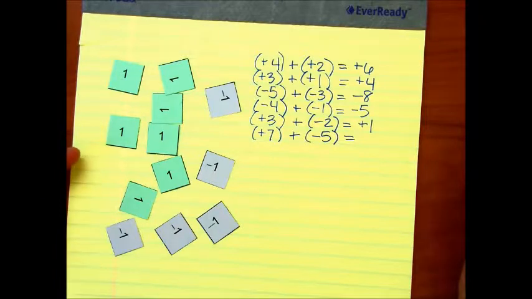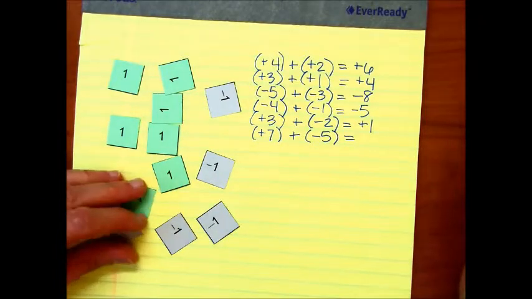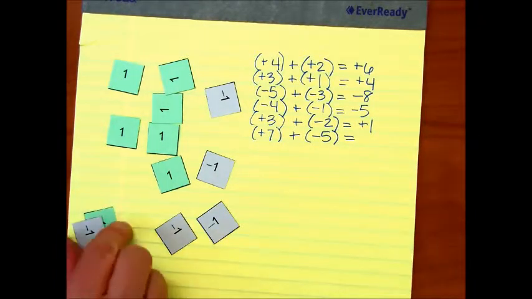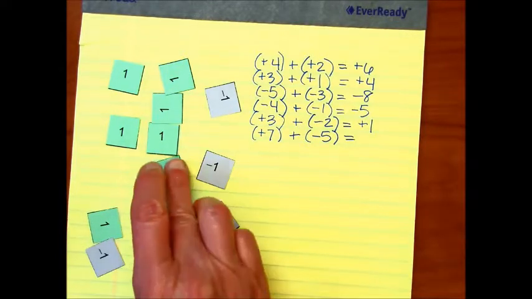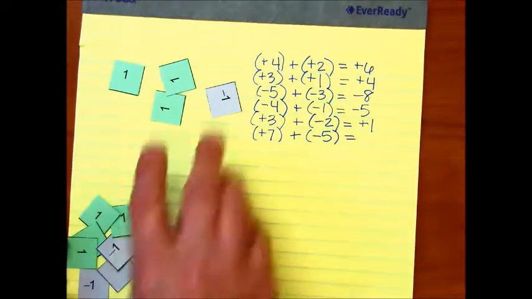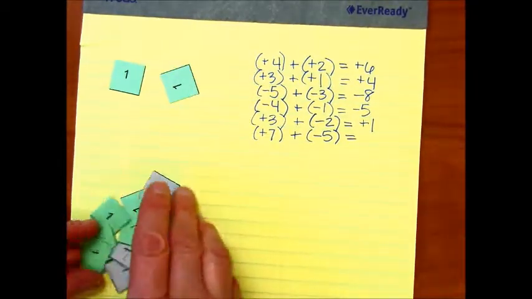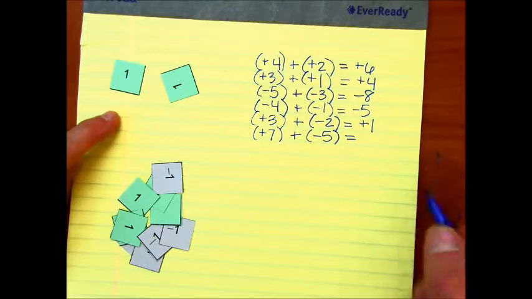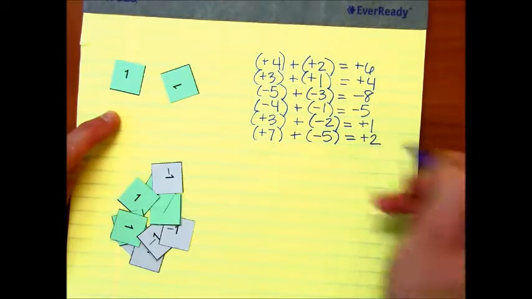What does this group represent now? Well, I'm going to group my zero pairs, or at least pull them off to the side maybe. What's left is 2, positive 2.